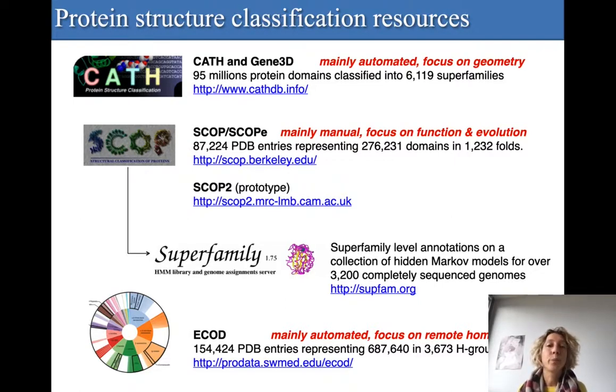And so it's also human biased, even if it's automated, so it's not very clear what should be taken as the reference. The ECOD database at the bottom is much more recent. Here the focus is on remote homology, and it comprises the biggest number of PDB entries, I think.